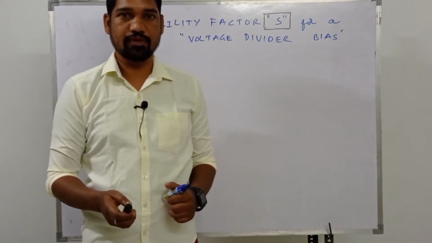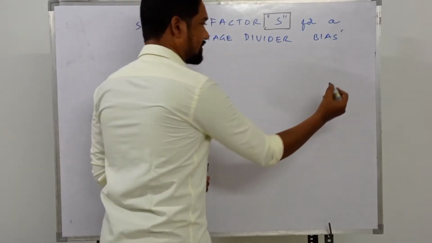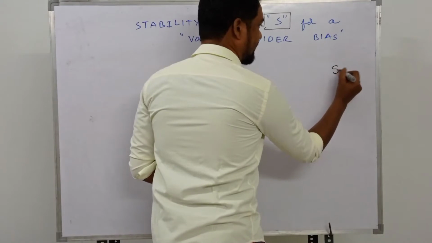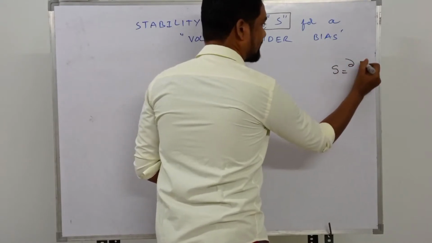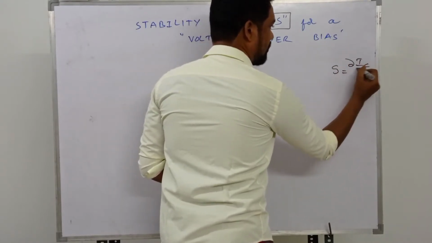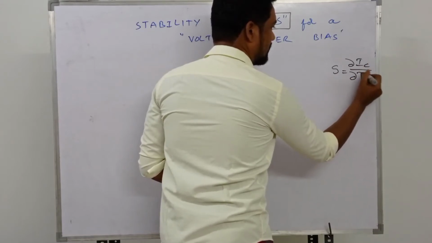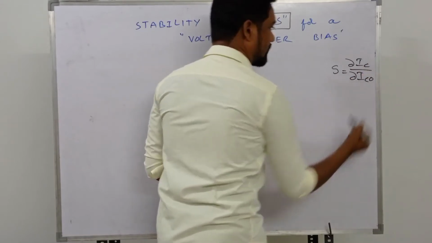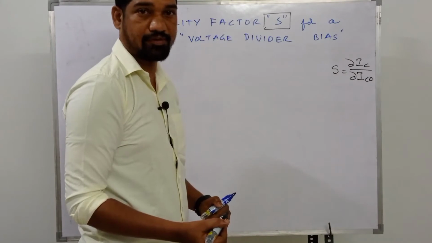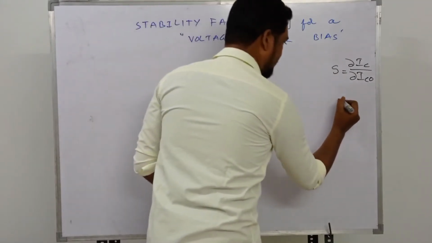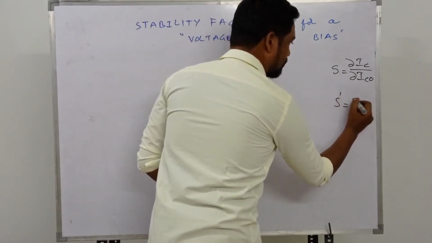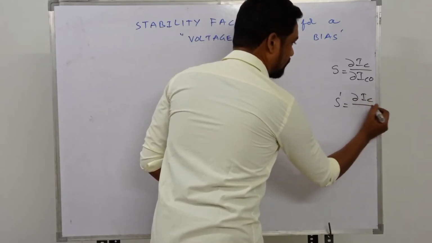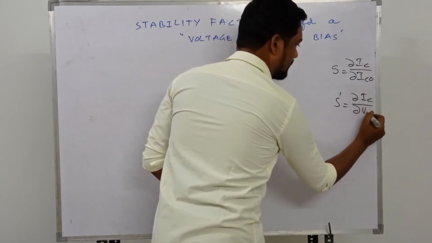Why? Because the discussion starts from here. So what is the definition for S? Stability factor S is defined as change in IC due to change in ICO. And the other stability factor S dash is the change in IC due to change in VBE.